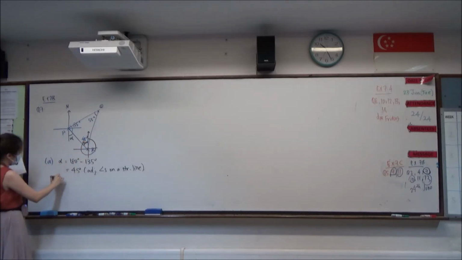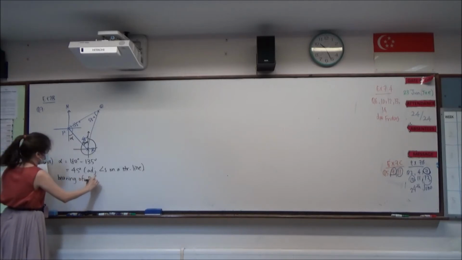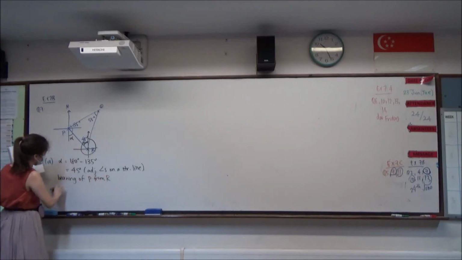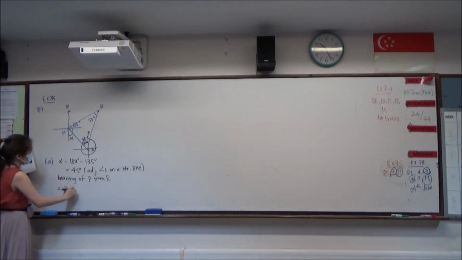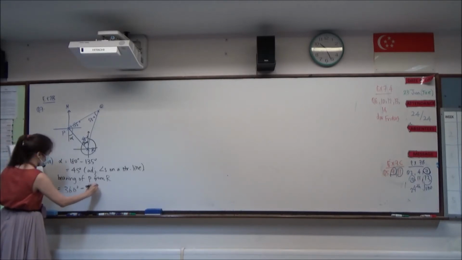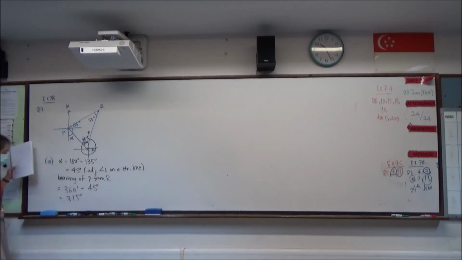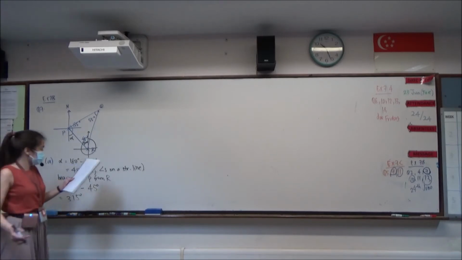So therefore, the bearing of P from R will be equals to 360 degrees minus away 45 degrees. And I would have 315 degrees, right? Angles from a point. Okay?